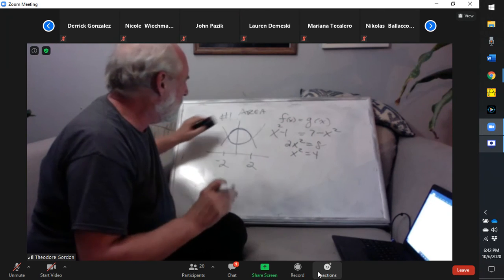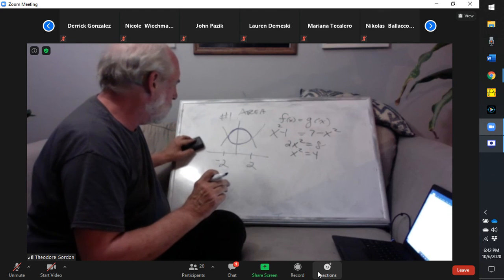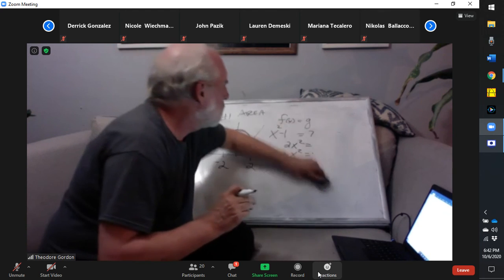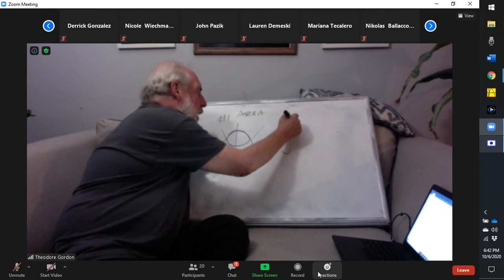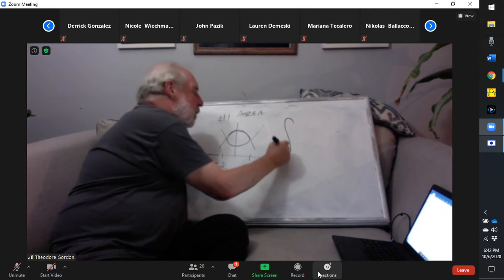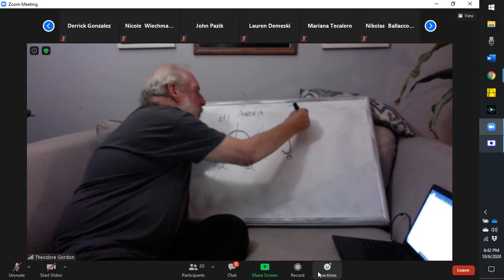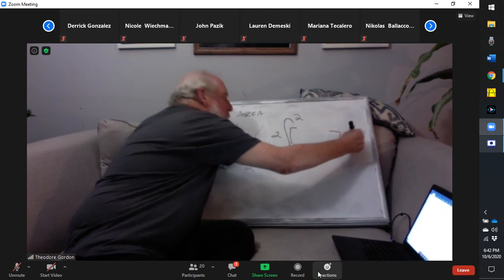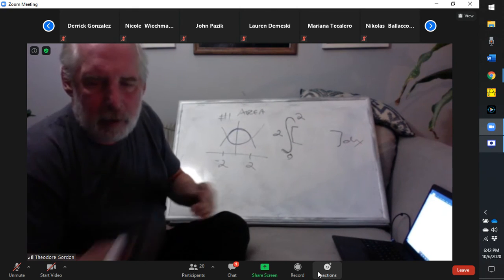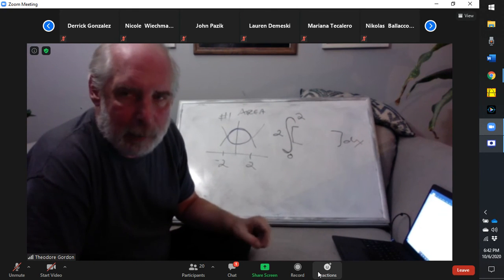Okay, so we're ready to set up the equation. So we're going to integrate. I'm going to cut it in half and do 0 to 2, and then I have to multiply it. So the next step is to do area. It's top minus bottom.